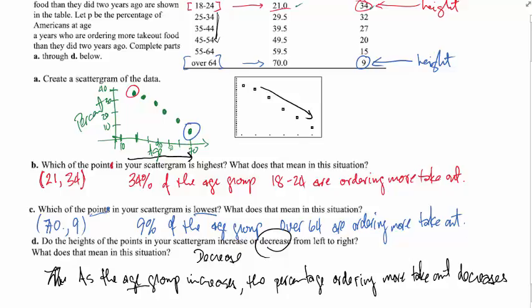So basically the age group is your X value. As X increases, as we go from left to right, the percentage ordering more takeout, which are the Y values, decreases. You see the Y values going down. Okay? So, hope that helps.